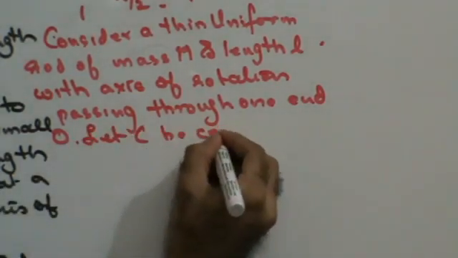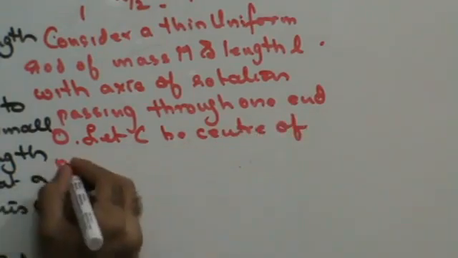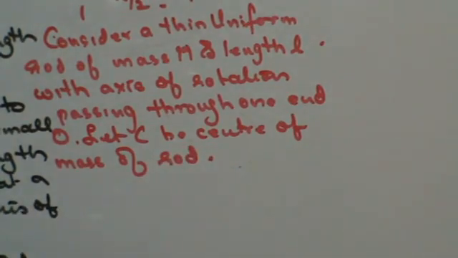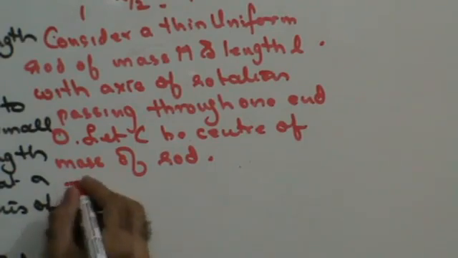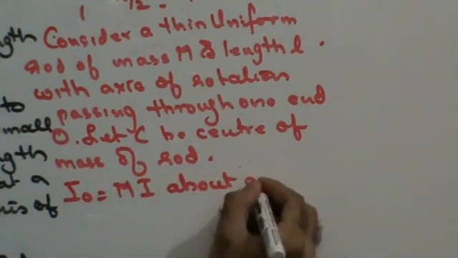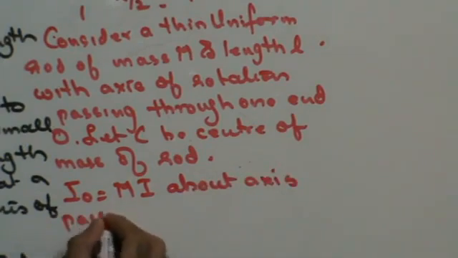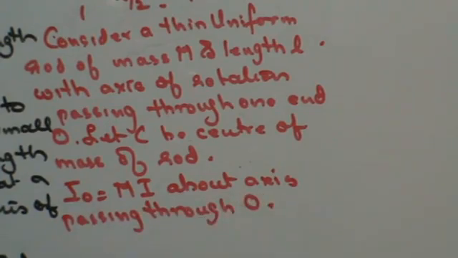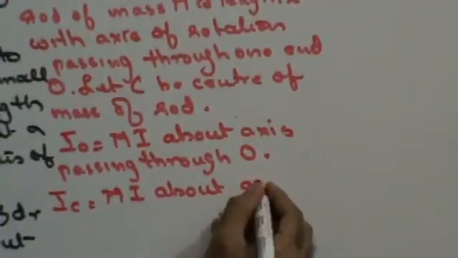Now, let's assume that IO is the moment of inertia of the rod about an axis passing through one end O, and let's assume that IC is the moment of inertia about an axis passing through the center of mass.